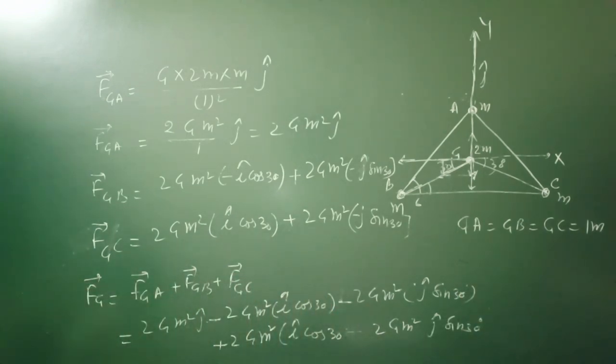Now when you add, these two get cancelled, and sin 30 is 1 by 2, sin 30 by 2 into 2GM.